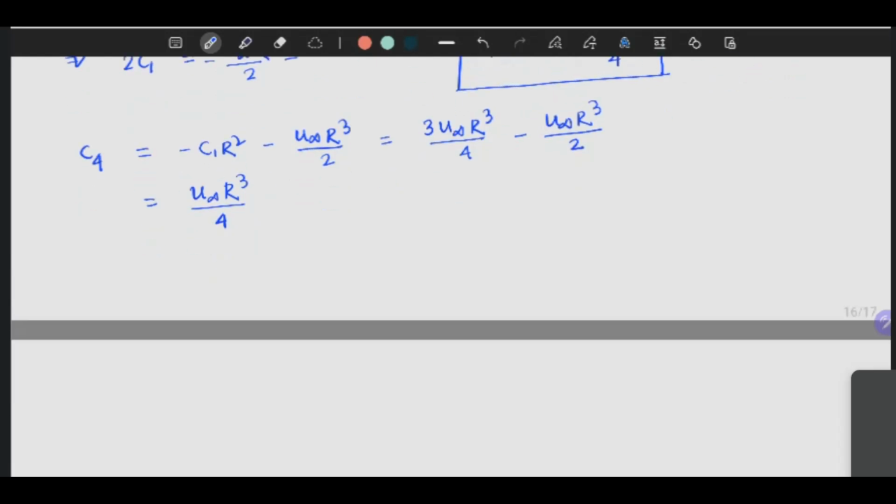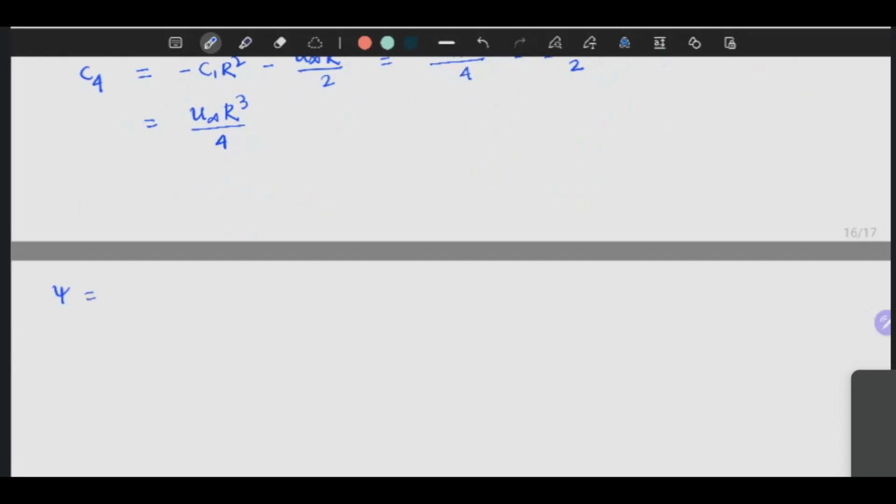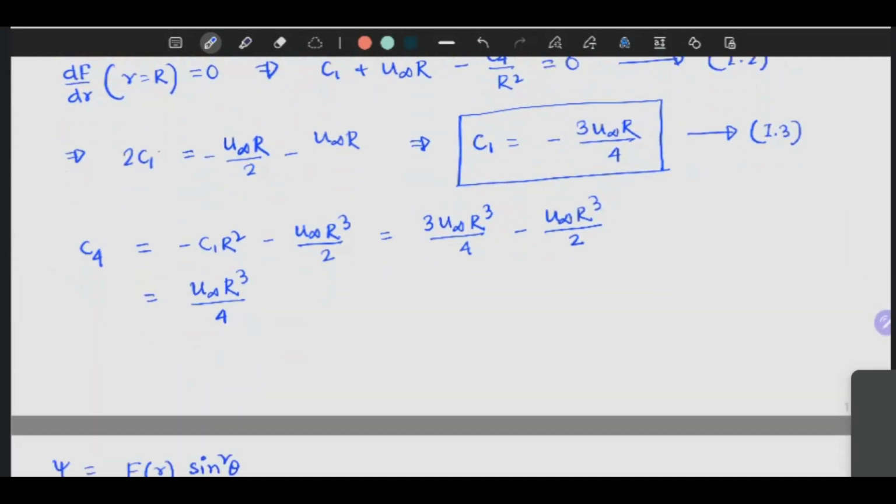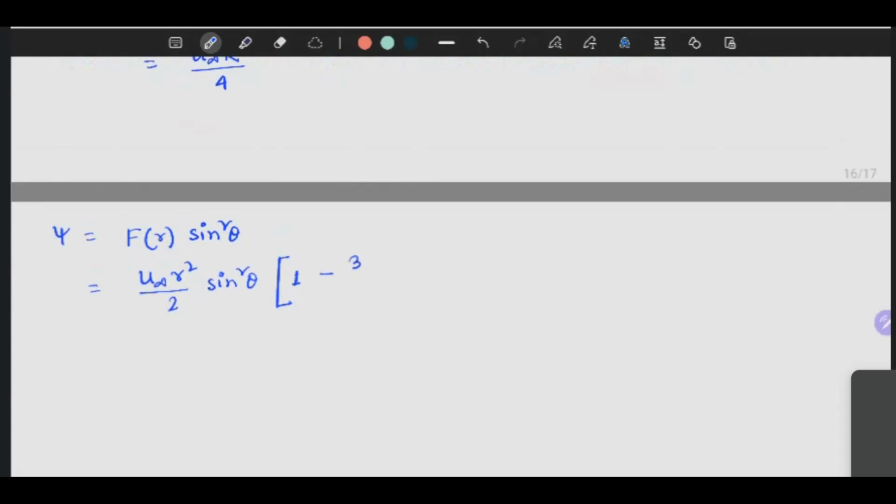So now you will get the stream function in the appropriate full form, f of r sine square theta, that makes it U infinity r square by 2 sine square theta into 1, C1 is minus, so this will be minus 3R by r, 3 by 2 R by r, and this will be R cube by 2 r cube.